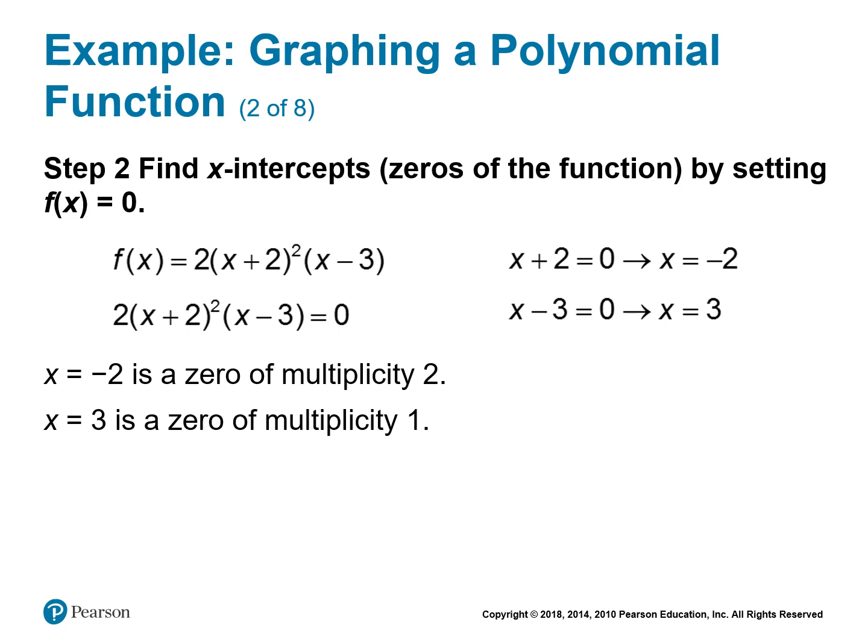We will now talk about step 2 in the process of graphing a polynomial function. Step 2 is about finding the x-intercepts or zeros of the polynomial by setting f of x equal to 0.